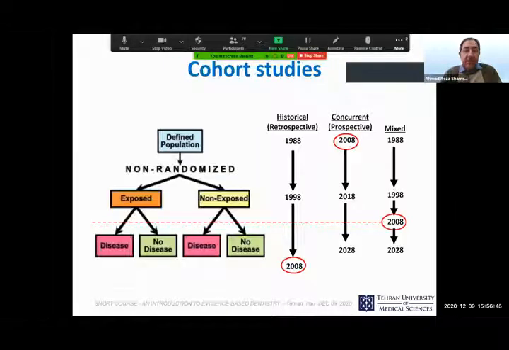The next study, now just look at the left of the slide.